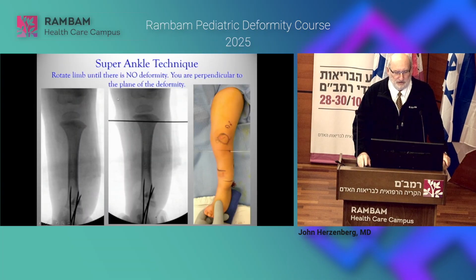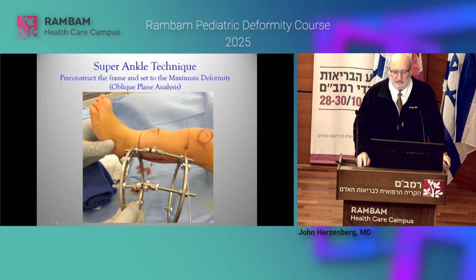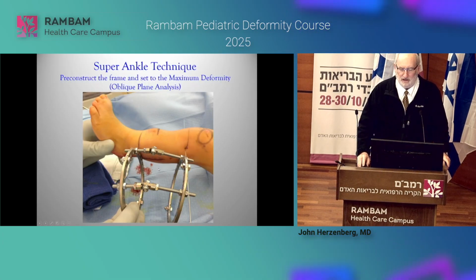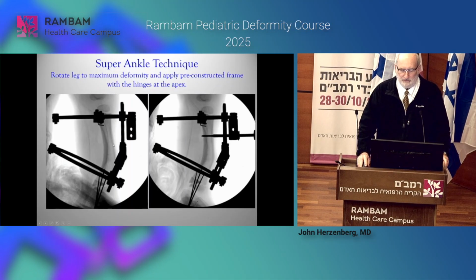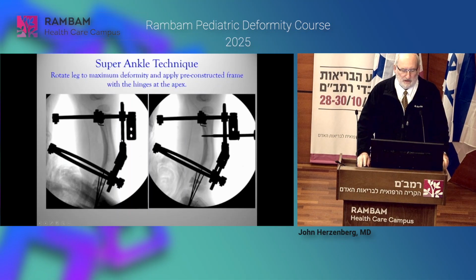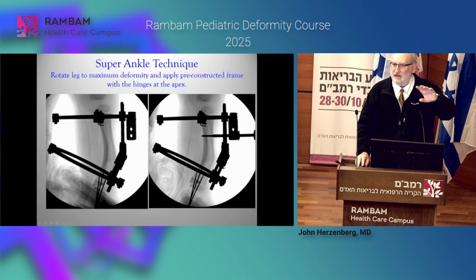But this is that technique. So you rotate the leg so it's straight. The knee is no longer pointing forward. It's a little bit off. But you can build your frame to set these hinges at the maximum deformity, which you can calculate, and then apply it so that the proximal rods are parallel to the tibia proximally, the distal parallel distally, the hinges are at the apex of the deformity, and this is at an off-plane axis.